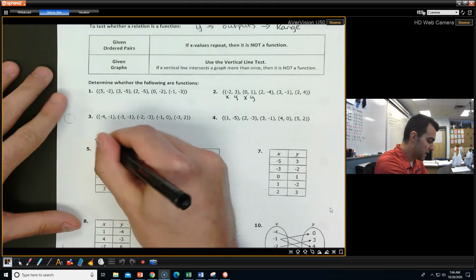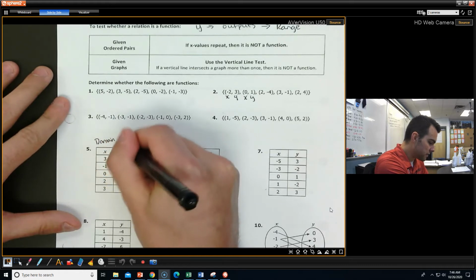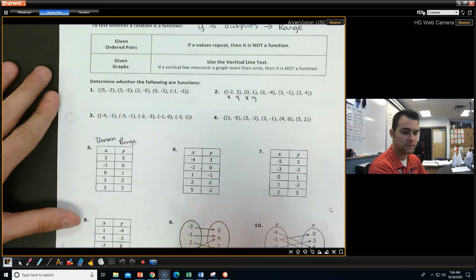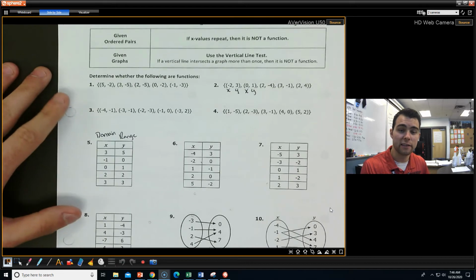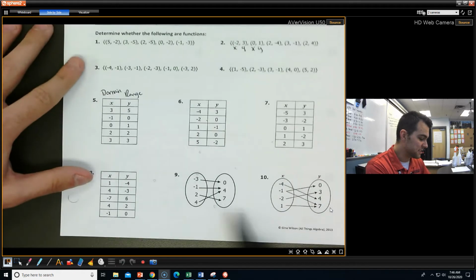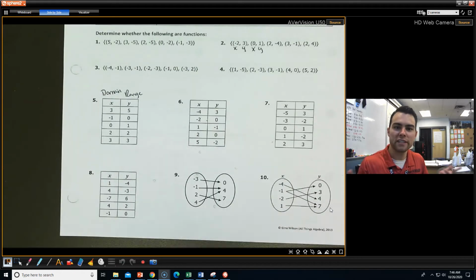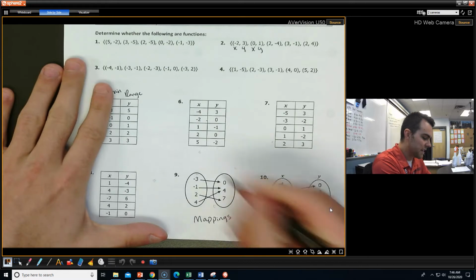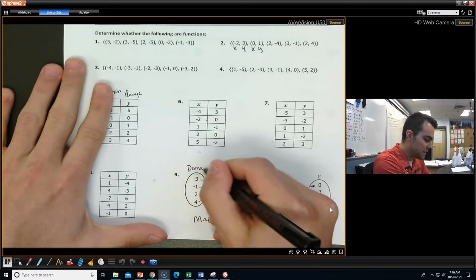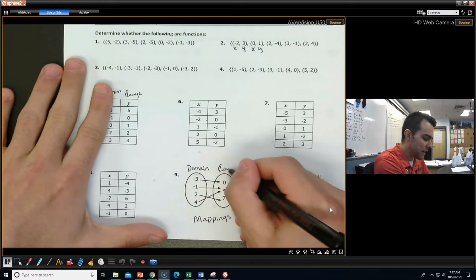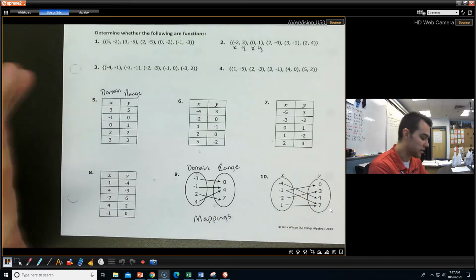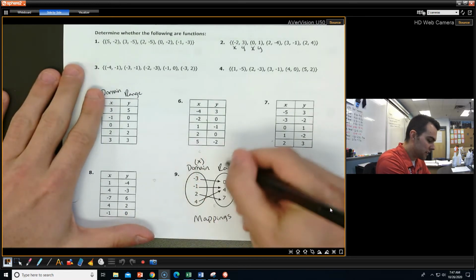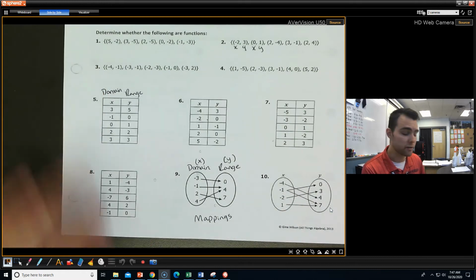Or our domain and our range. And then finally, we have something that looks like these oval things with things in them. We call those mappings, okay? These are mappings. And again, on the left side, we have our domain. Right side, we have our range, our inputs, our outputs, our x's, our y's. They're all just related to each other, okay?